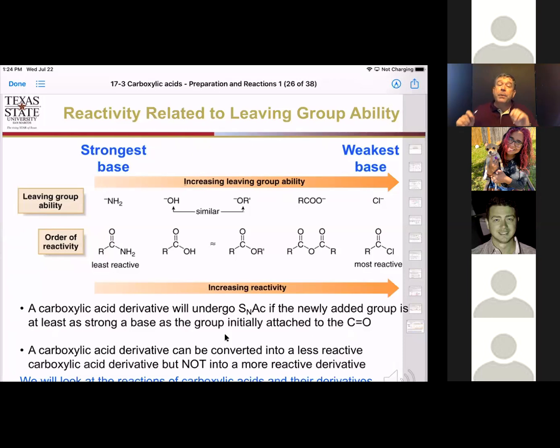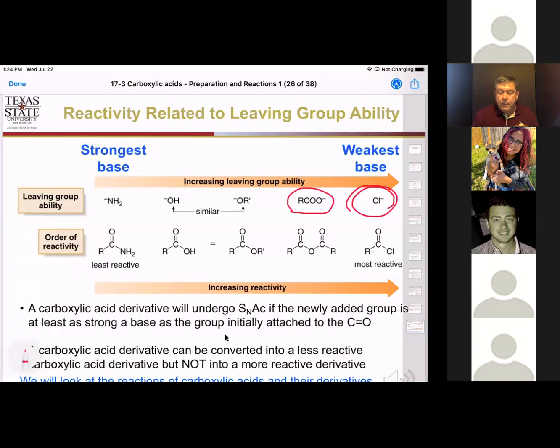However, their ability to leave has everything to do with their basicity. If we look at the basicity of the chloride ion here, remember HCl is a very strong acid, so that means chloride ion is a very weak base. Just like that, our carboxylic acid is not as acidic as HCl, so it's a little more basic.